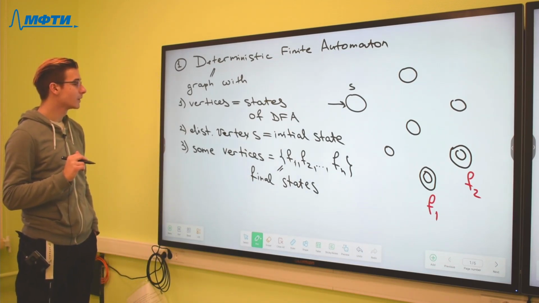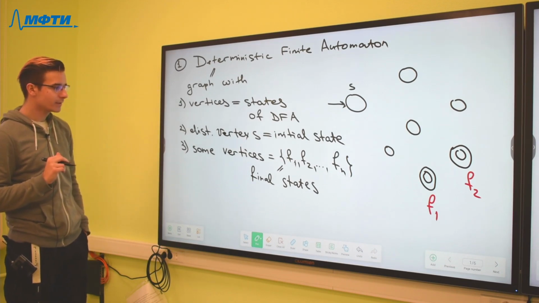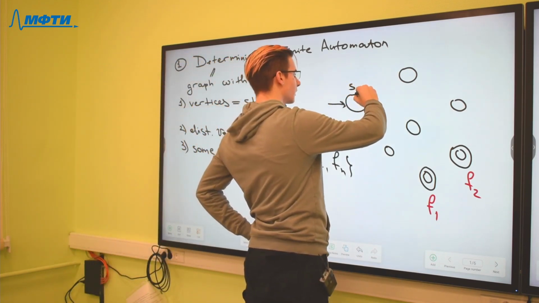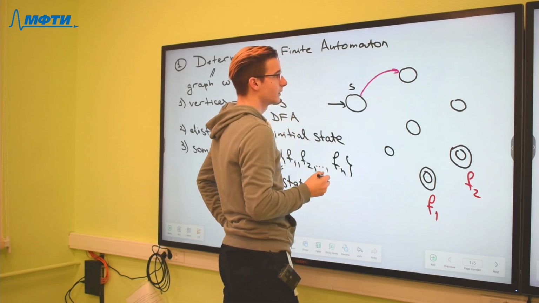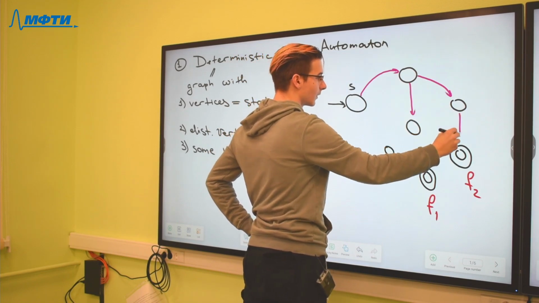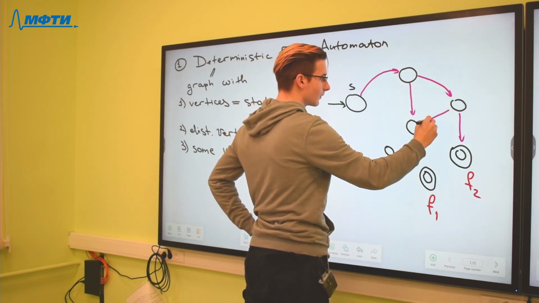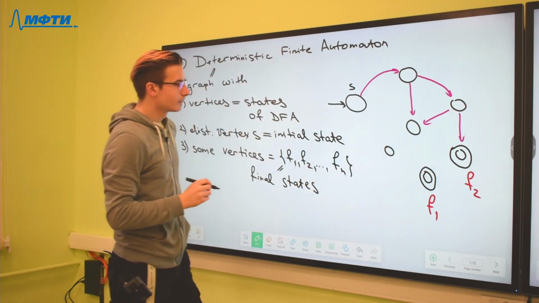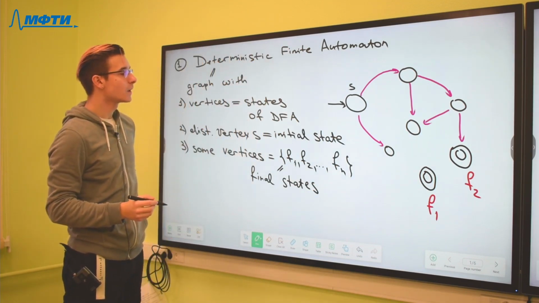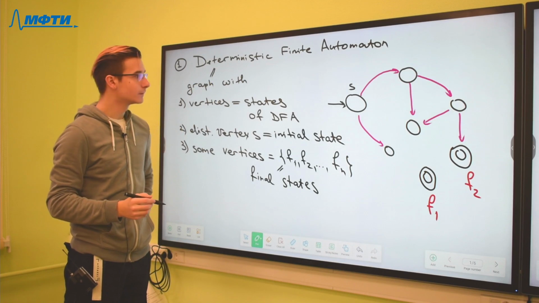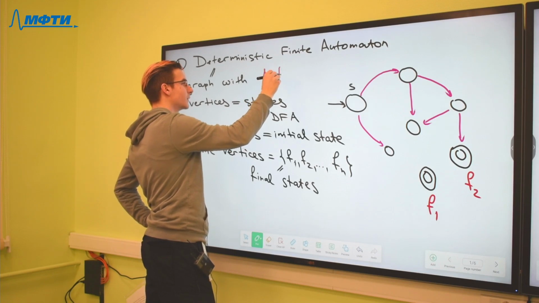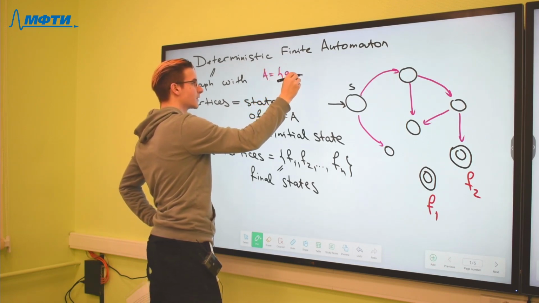So, what about edges? Firstly, it is a directed graph, so we write some edges as arrows, as usual for directed graphs. But each edge has a symbol from the alphabet. Yes, we know that an alphabet is a set of some symbols.